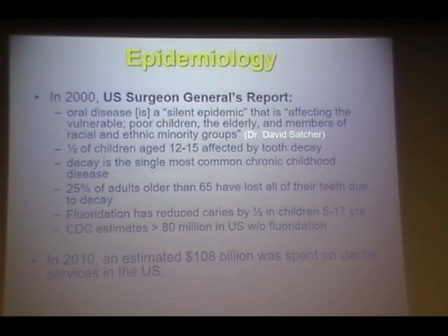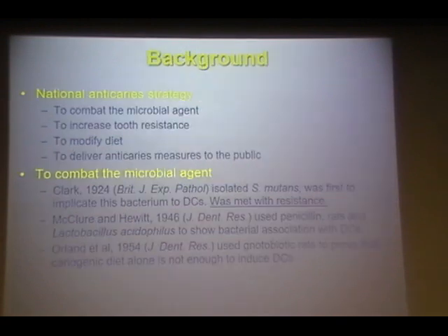All right? This is how much was spent in 2010 in dental services in the United States. You guys have a future. Okay. So the National Anti-Caries Strategy that came out from this big study suggested that we need to combat the microbial agent.